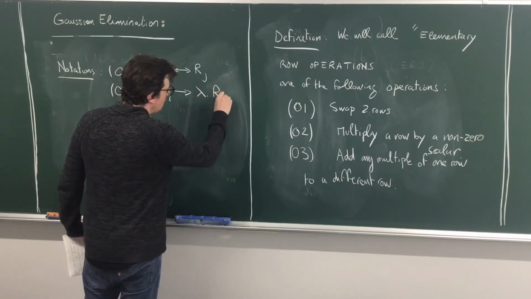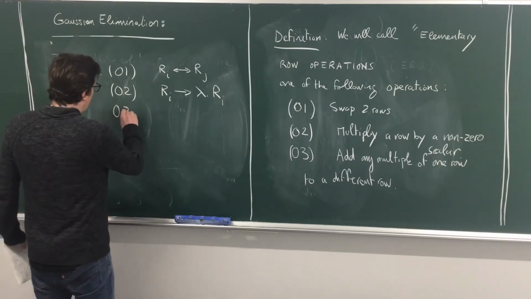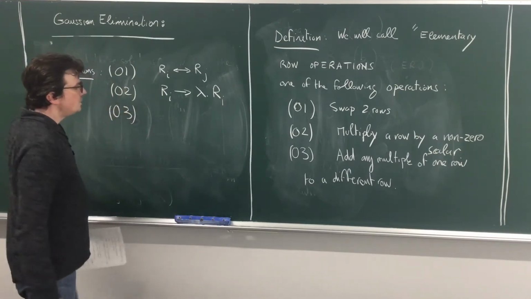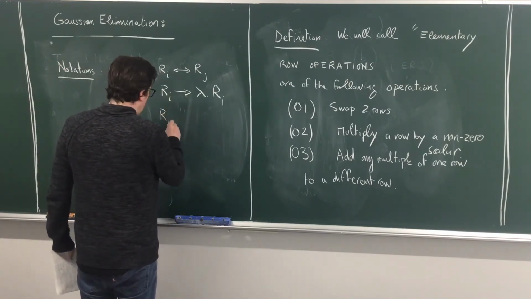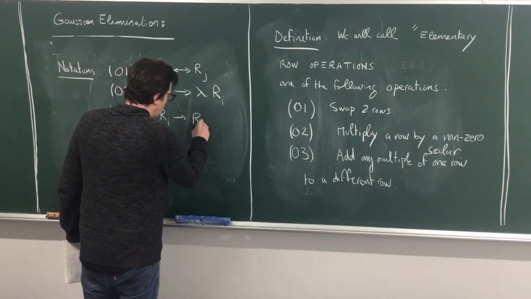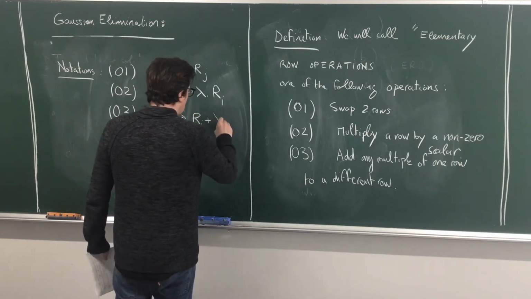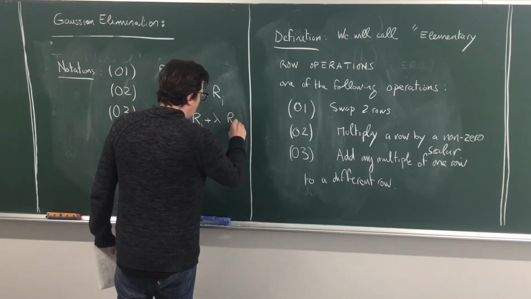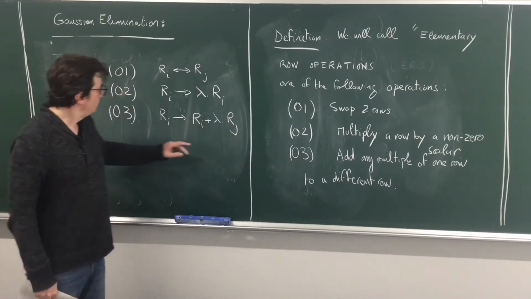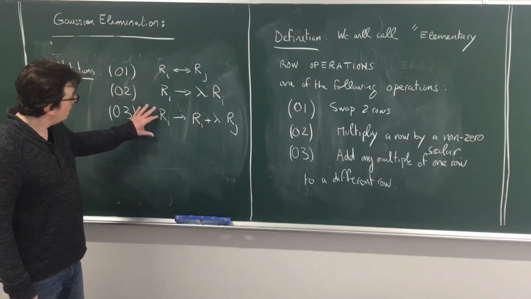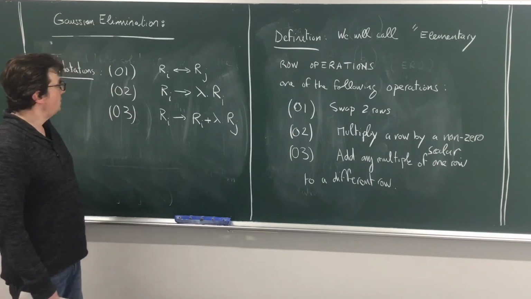So you will write like this. O3. So what is this operation O3? I modify one row, and what do I do with this row? Well, I add a multiple of another row. So it will be something like lambda times Rj. It means that you modify Ri and you replace it by Ri plus lambda times Rj.